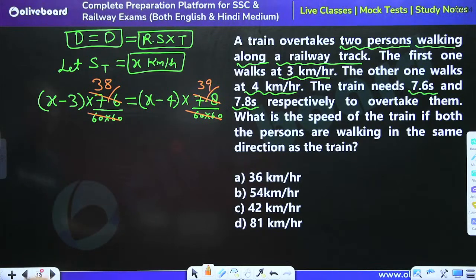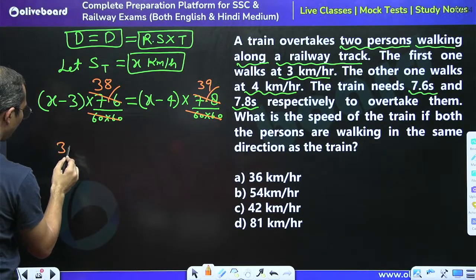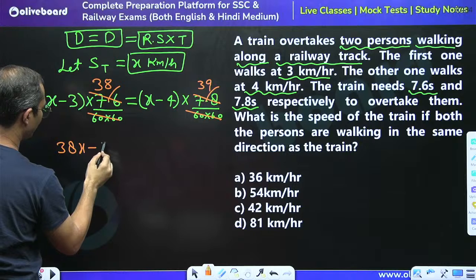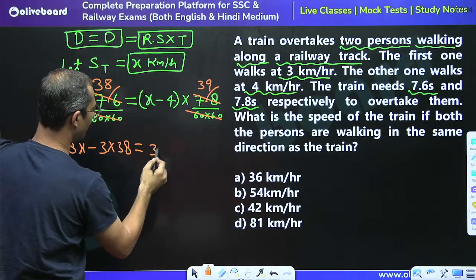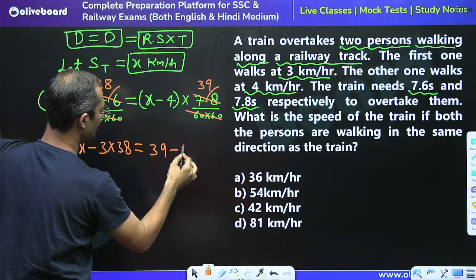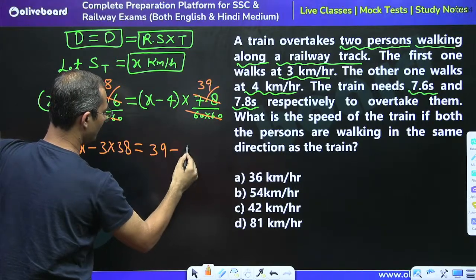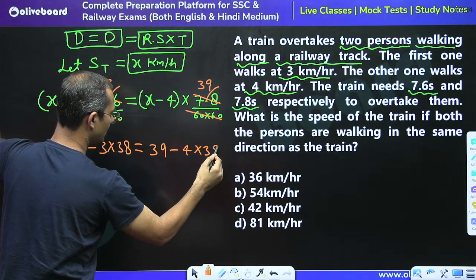So we can say 38 times (x minus 3) is equal to 39 times (x minus 4).